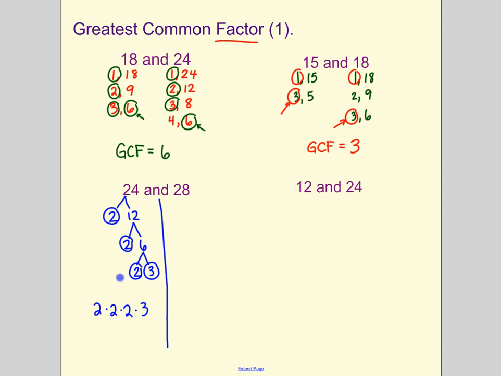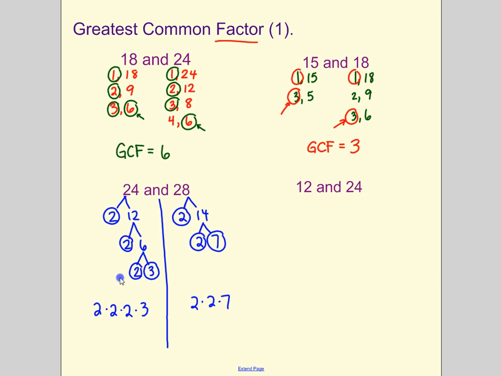Alright, I'm going to draw a line just so I'm separating these two. 28 breaks down into 2 times 14. 2 is prime. This is 2 times 7, and that 2 and that 7 are prime. So the prime factorization of 28 is 2 times 2 times 7.